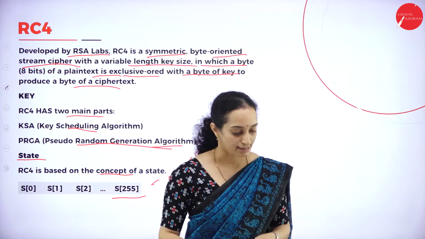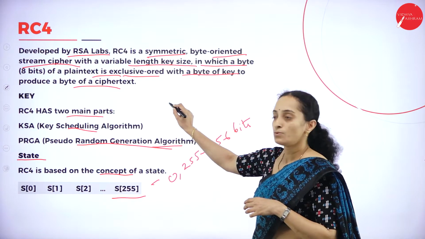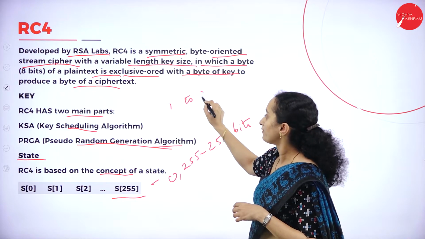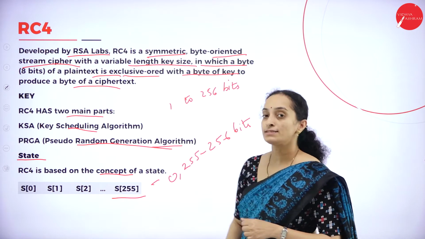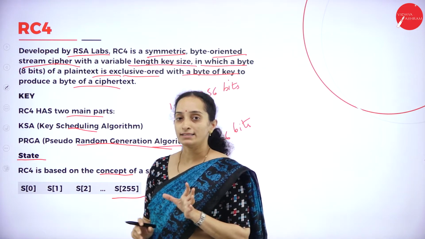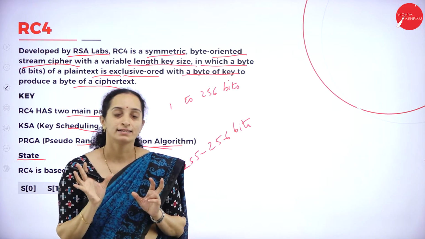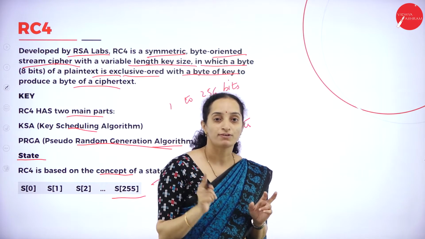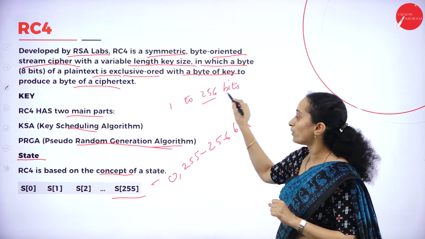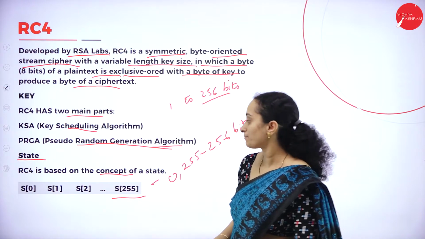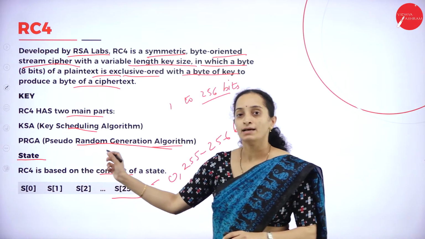Or you can have a total of 256 bytes of key in the RC4. So it contains 1 to 256 bytes of keys. From this, each step will take only 8 bits or 1 byte of key from the key set of 256. Okay, we are using it as a matrix.